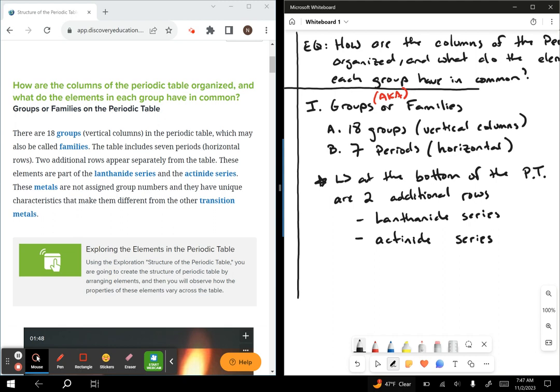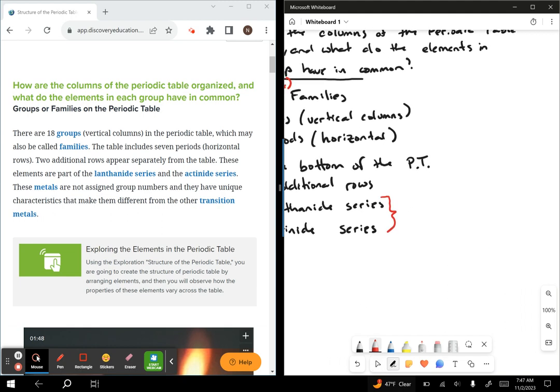And then, how would we want to say these? These both are embedded within the transition metals. And the transition metals are groups 3 through 12.